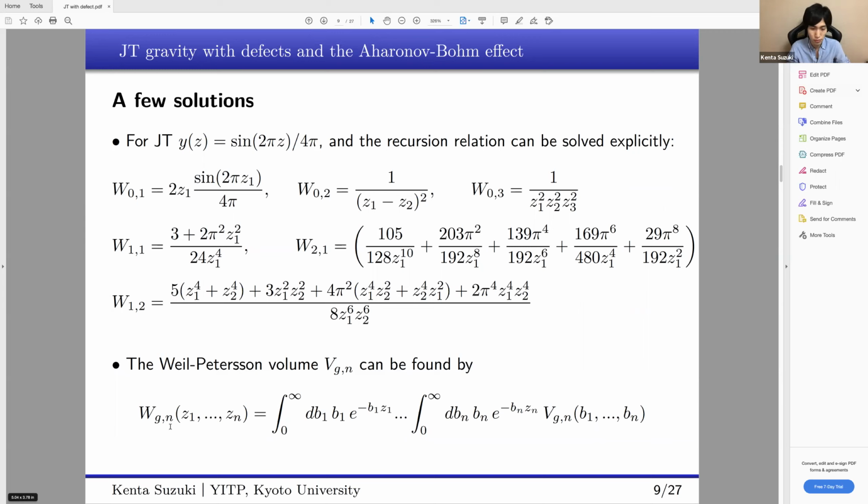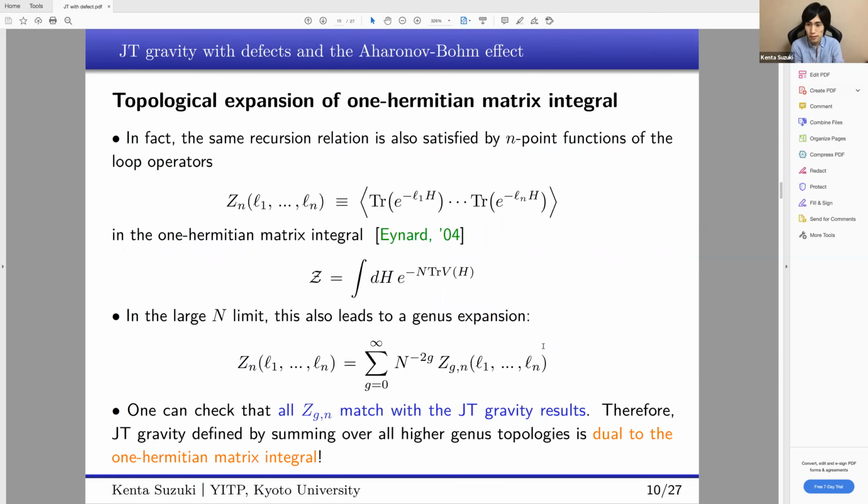These W are related to the Weil-Peterson volume V by Laplace transform for each parameter B, like this expression. And indeed, it turned out that this recursion relation was actually originally found in the matrix integral literature.